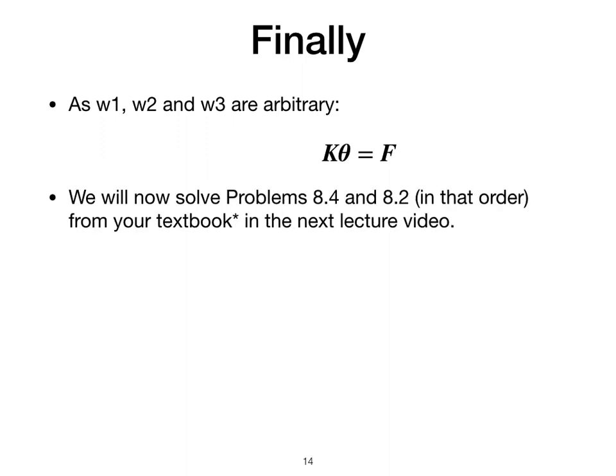So we finally have w1, w2, w3 as arbitrary variables. So we can get rid of them and we will simply have K theta equal to F.